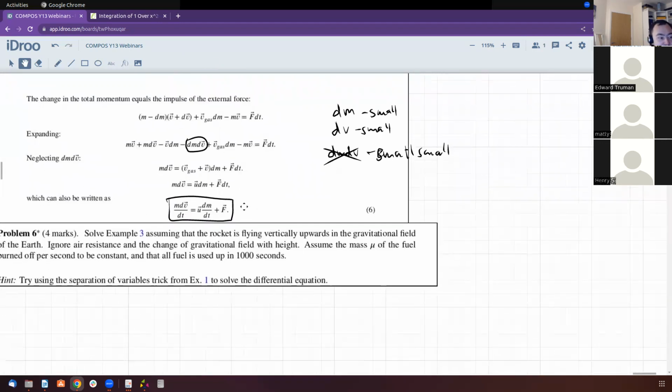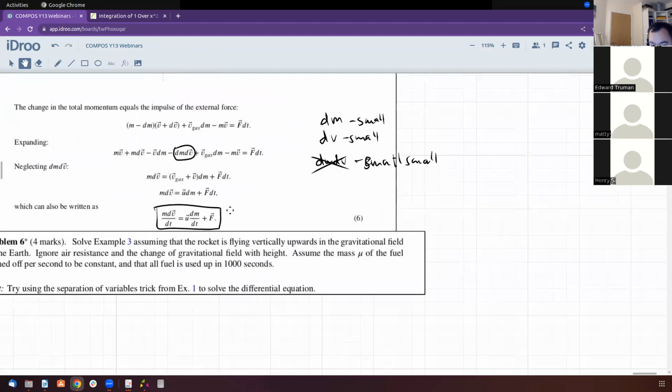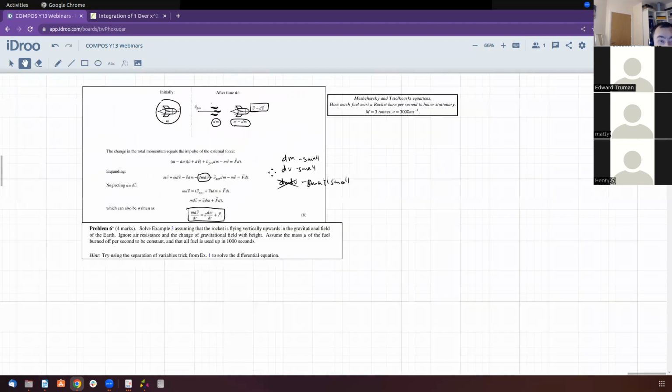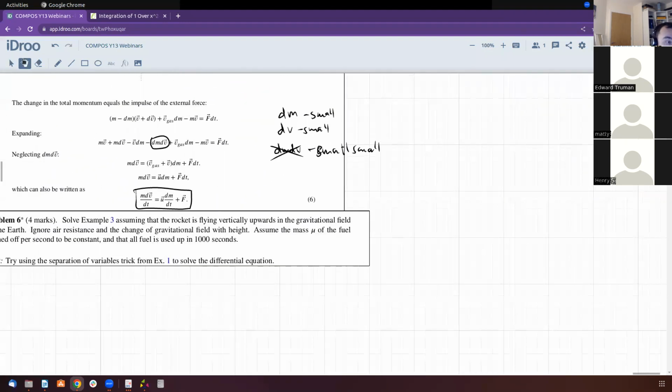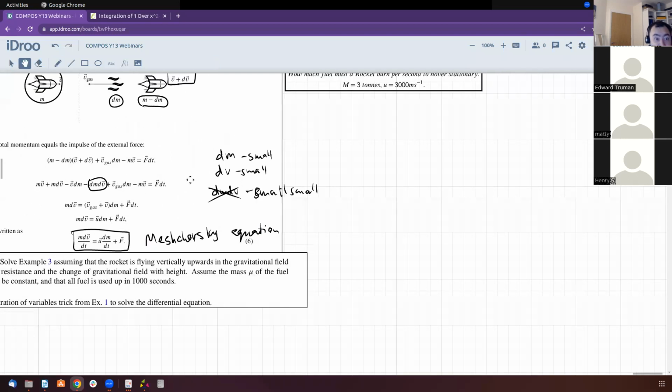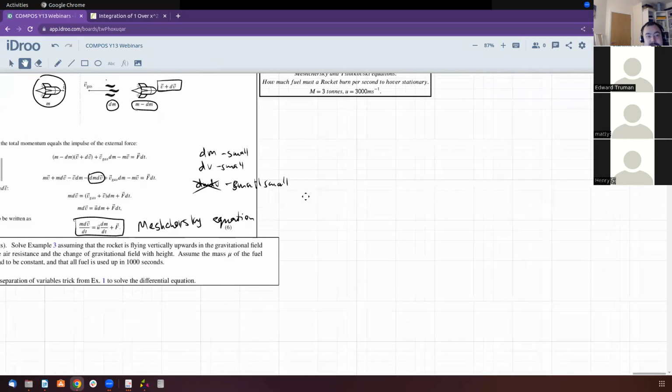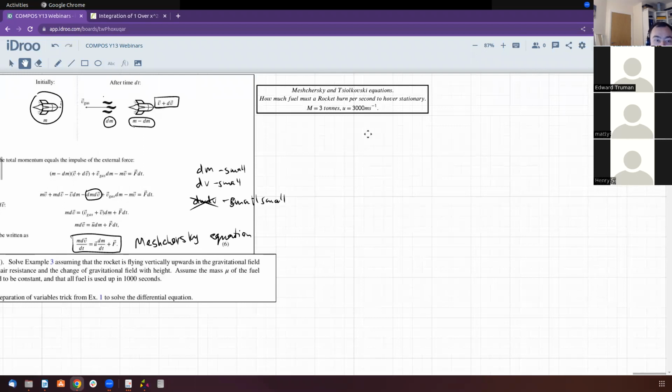And the question is, how much fuel? Oh, this is called the Meshchersky equation, by the way. So the question is, how much fuel must a rocket burn per second to hover stationary?